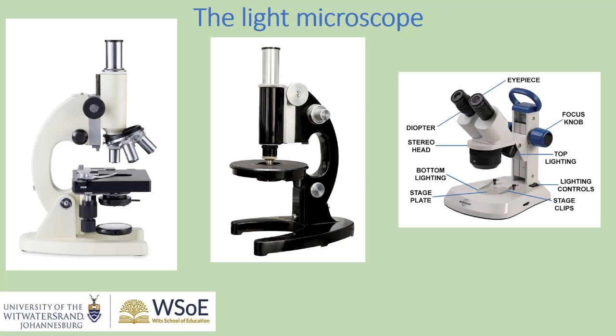So the assumption here is that you do know what the different parts of the microscope are, and you know what their functions are. So I think this would be a good time to pause the video and for you to find a diagram of a microscope and label the parts and write the function of each part of the microscope.